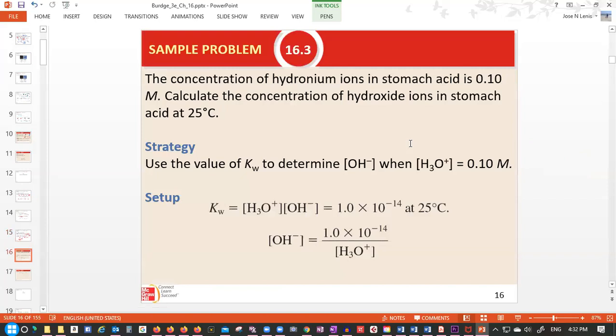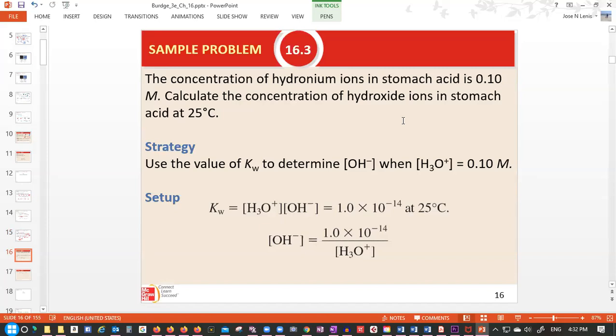Let's do an application of that. The concentration of hydrogen ions in the stomach acid is 0.10 molar. Calculate the concentration of hydroxide ions in the stomach acid at 25 degrees Celsius.